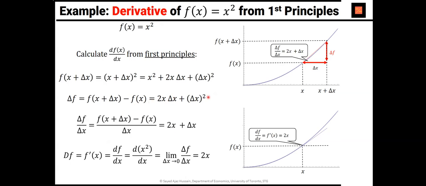The derivative is defined as the limit of this expression as you shoot delta x off to 0, and you simply get 2x. What that means is that at this point, the slope for a very tiny change in x is given by 2 times x. So delta f over delta x is the slope between those 2 points, and f prime of x is the slope at that point.